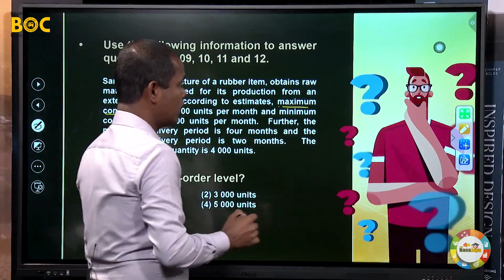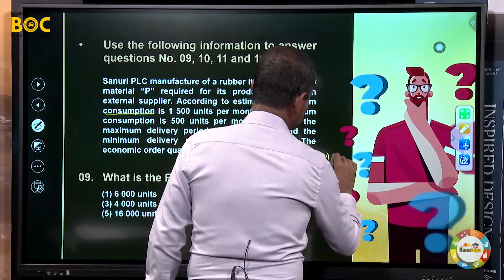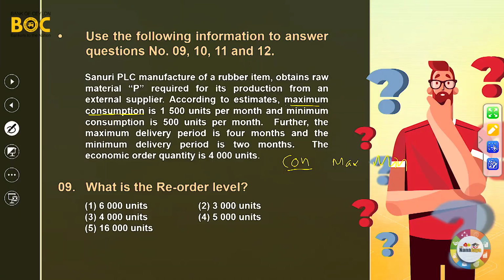Note down the details: maximum consumption is 1500 units, and the minimum consumption is 500 units per month.